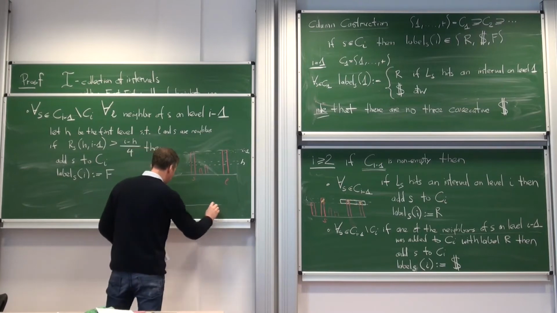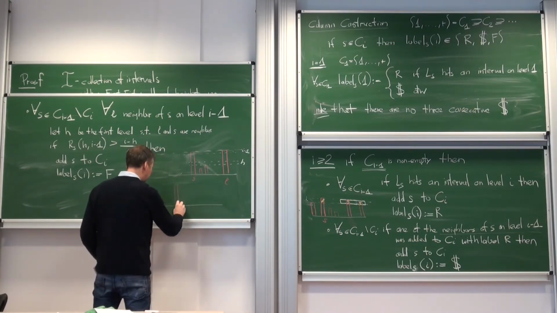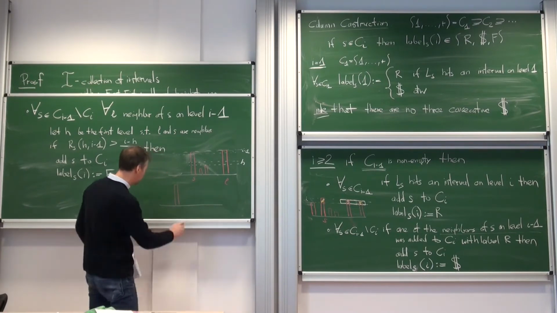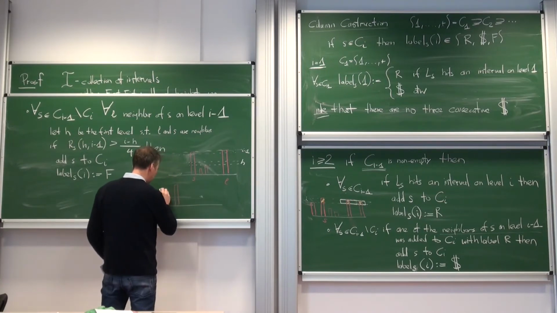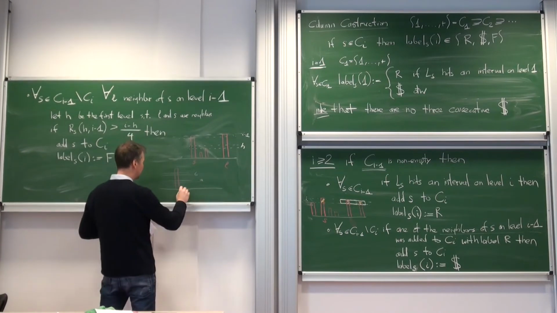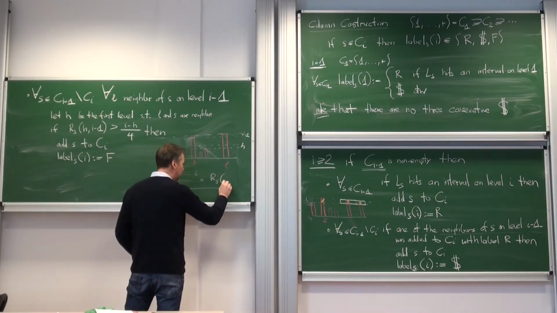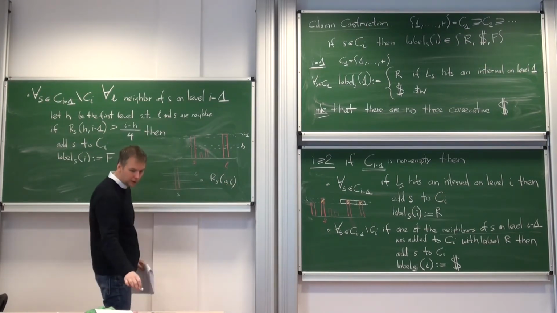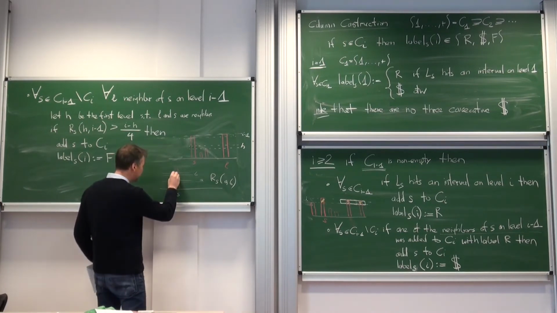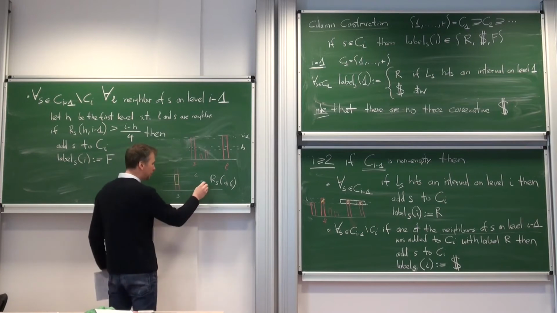So given a column that survived, and we have some levels here. Say this is level A, and this is level B. And this is column S. So R S of AB is the number of R's in this segment here.